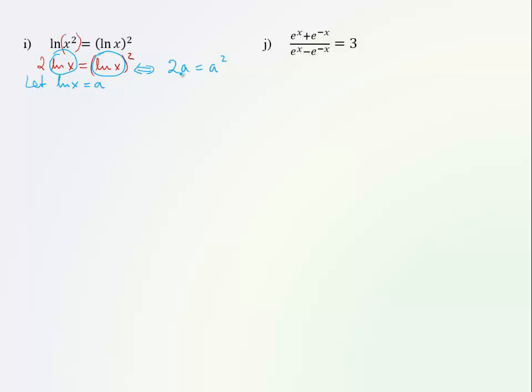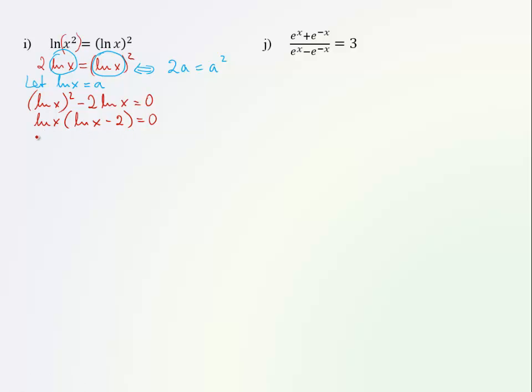Well, I would bring everything to one side and factor it. So let's do the same with the ln equation. If we bring everything to one side, ln x squared minus 2 ln x equals 0, and then factor ln x, then inside we have ln x minus 2 equals 0.